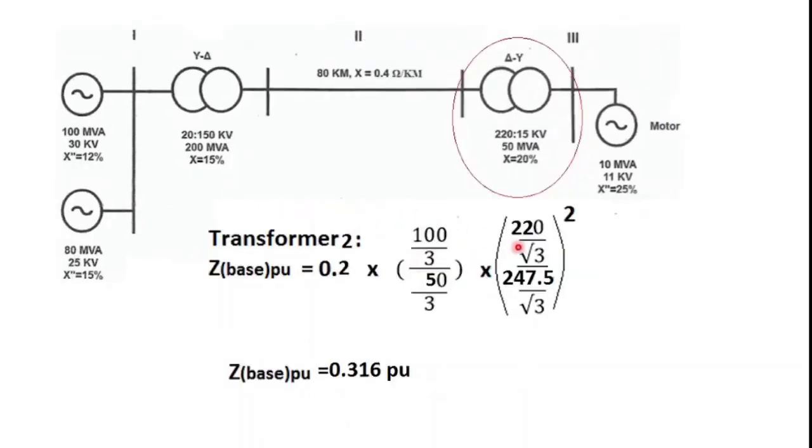And then we apply this formula, and we get the per unit impedance equal to 0.316 per unit. Now this 220 actually comes from the transmission side, and if you do the math, you get 0.316 pu.